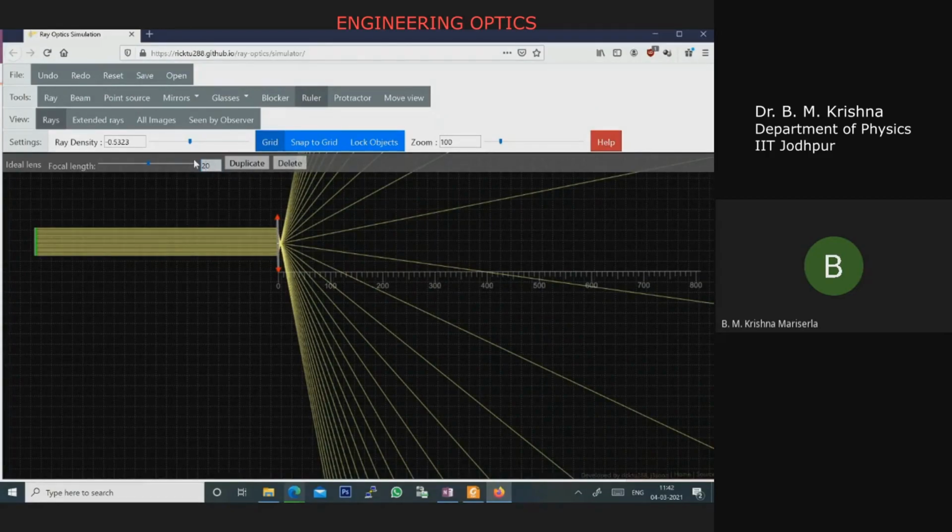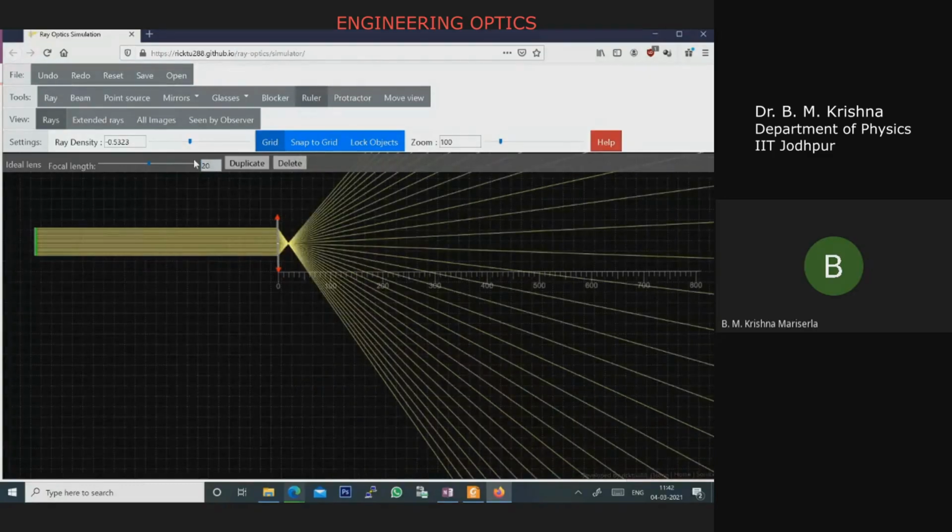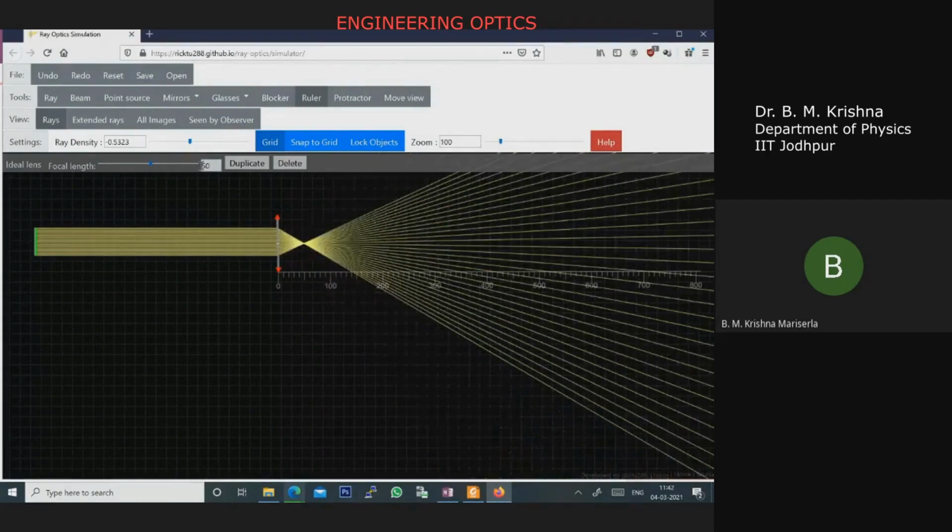As you increase the focal length of the convex lens, the divergence is still longer, though still in tighter focus conditions. As you keep increasing the focal length, your divergence after the focus will reduce.